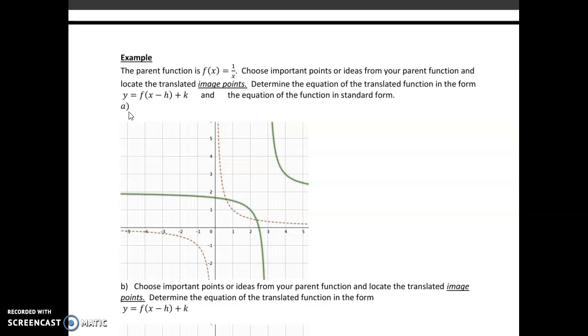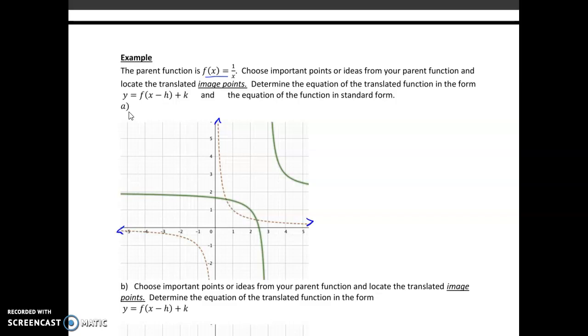So we're going to determine the equation of the translated function in the form y is equal to f of x minus h plus k, and the equation of the function in standard form. Fair enough, that's asking a lot. But this is a very special type of function that we took a look at last year, I believe. And it is right here.